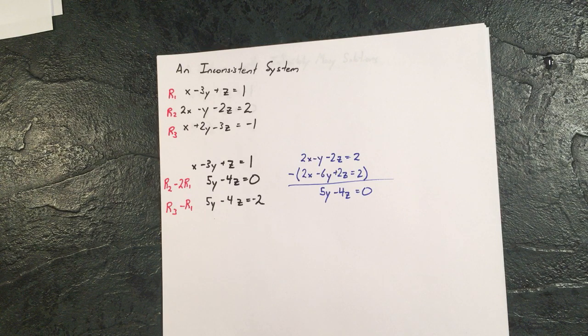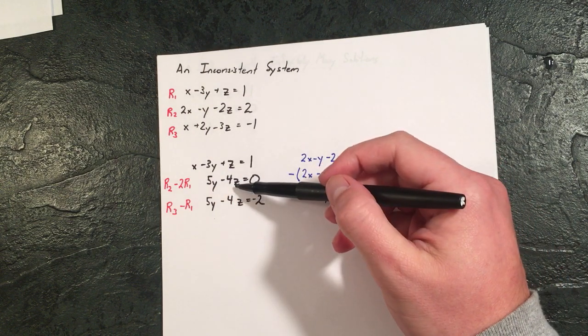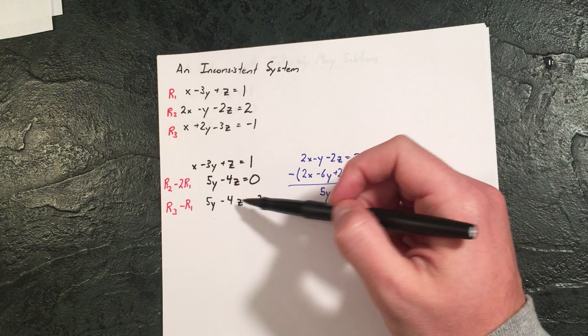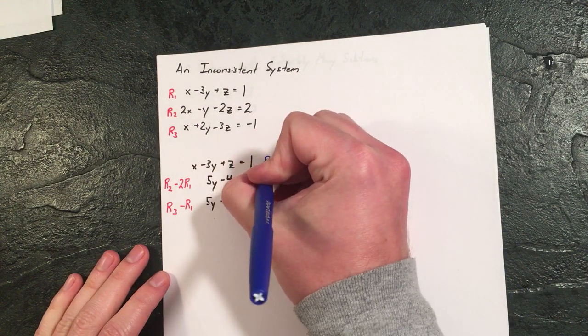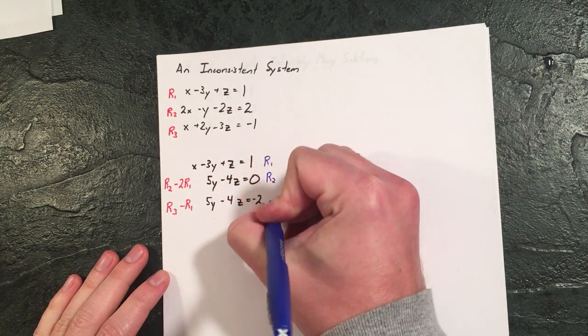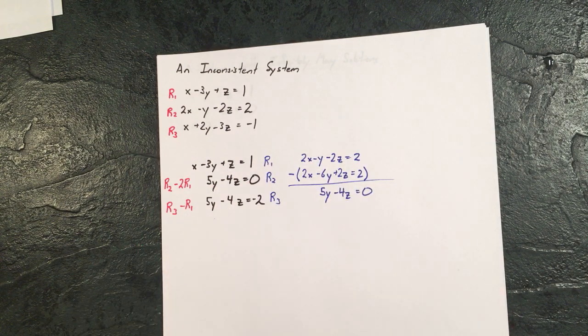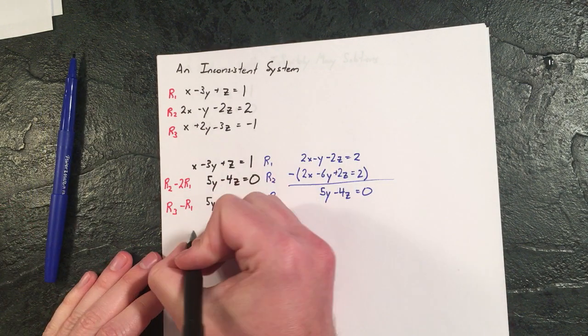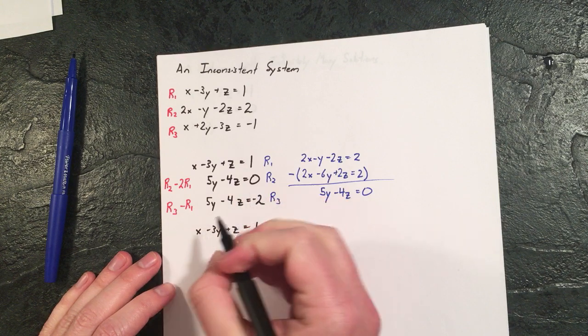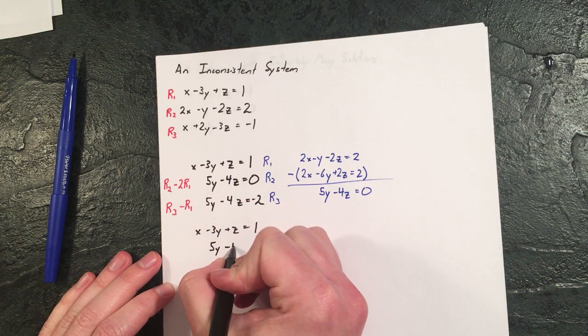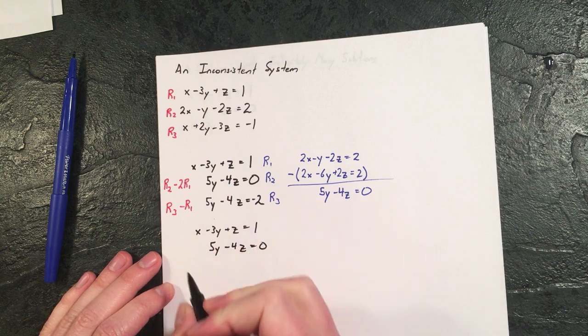And looking at these, maybe there's something that's kind of standing out to you right now. Specifically, we have a 5y minus 4z equals 0 and a 5y minus 4z equals negative 2. What we can do, kind of right off of this, which doesn't fit exactly the Gaussian method of dividing by 5 there, but taking a bigger look and noticing that those coefficients are exactly the same, we can subtract those.